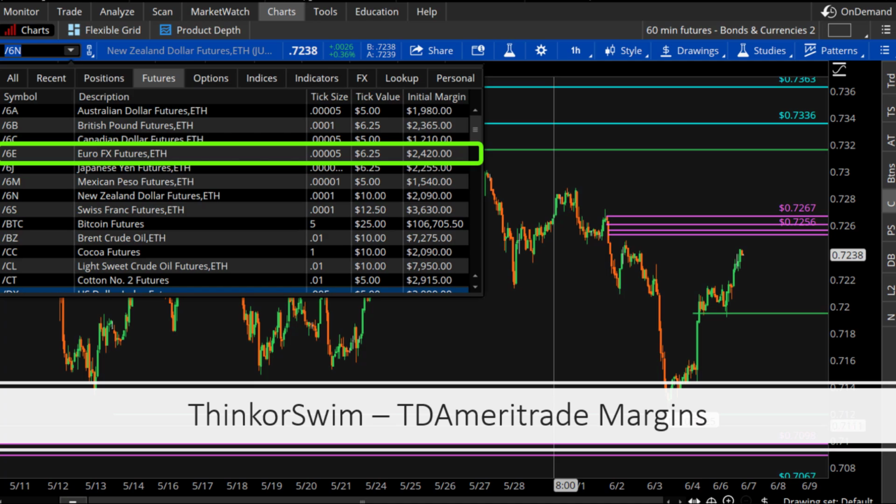The difference between the initial margin and the maintenance margin is really where the difference becomes. So if you drop below that maintenance margin, you could theoretically get a margin call on this position in order to fulfill you back up to that maintenance amount.